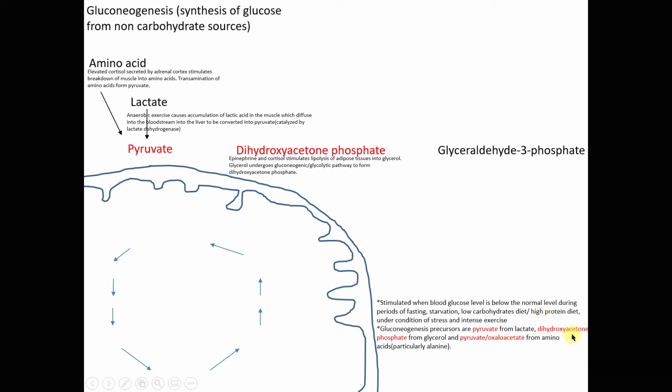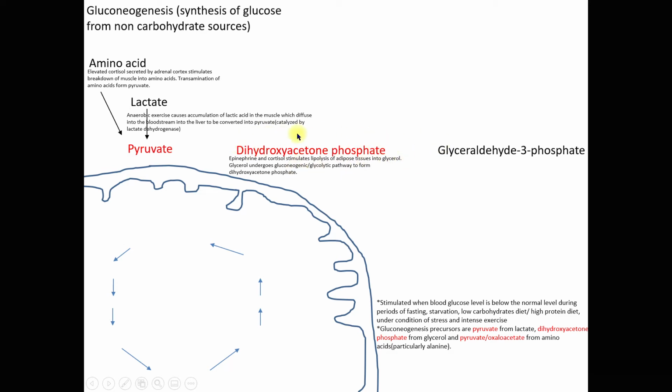Now the dihydroxyacetone phosphates. Epinephrine and cortisol will stimulate lipolysis of adipose tissues into glycerol. Then this glycerol undergoes the gluconeogenic pathway to form dihydroxyacetone phosphates.